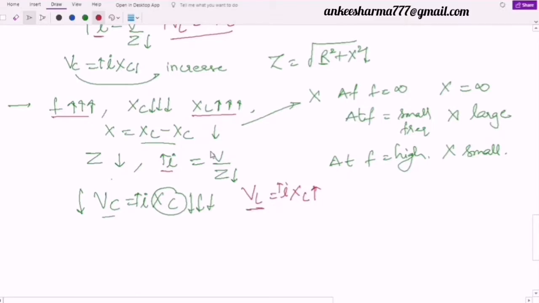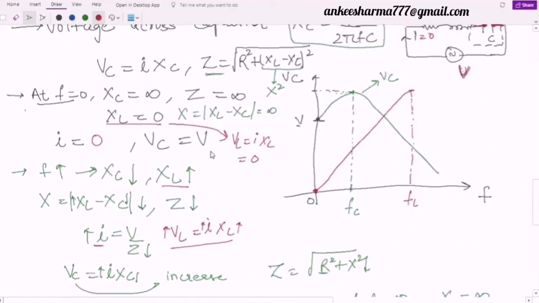It means now VL has increased to a very high value. So this is that point where it went to a very high value, and this value is also greater than your source voltage. So look here, this is my source voltage. If I draw this or extend it, I have reached a value greater than this value V.